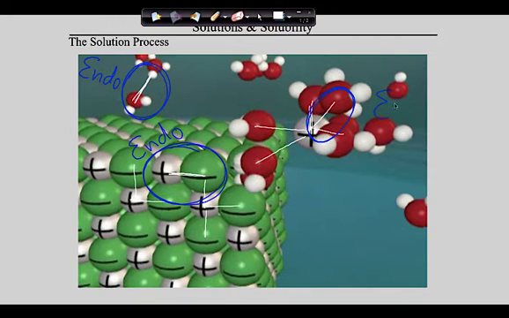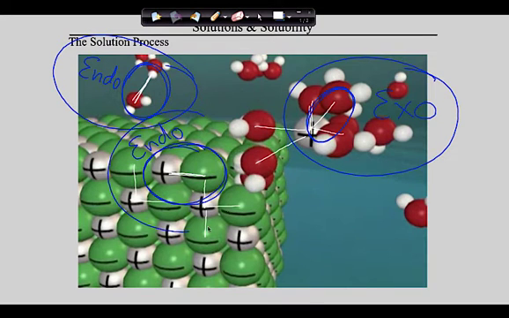Exothermic. So now guys, let's go back to what I initially said. Why does table salt dissolve in water? Because this is bigger than the sum of this and that put together. What does that then mean these processes will be thermochemically?